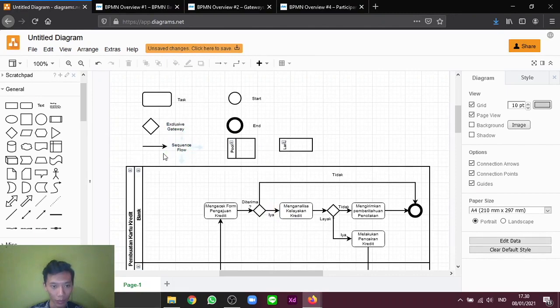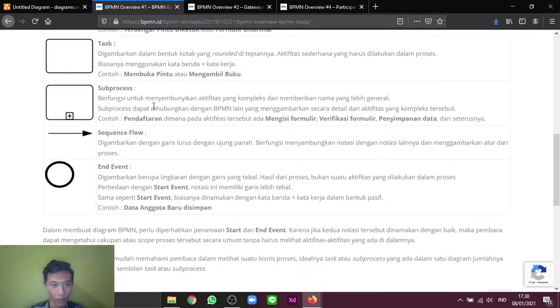And next, the sequence flow is pictured with a straight line with an arrow at the end. This function is to connect each notation to the others.